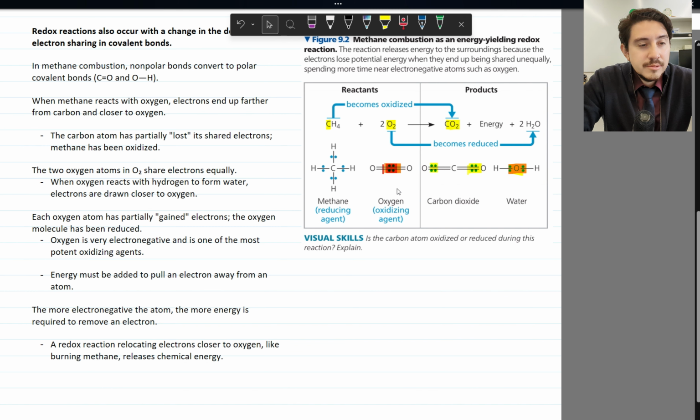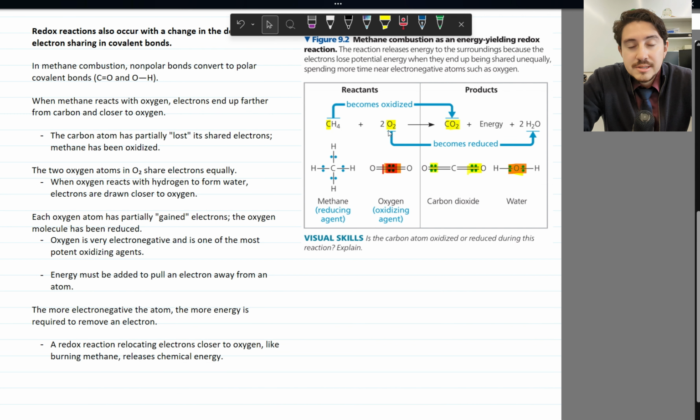Okay, just to go through the notes before I get into this panel here, when methane reacts with oxygen, electrons end up farther from carbon and closer to oxygen.